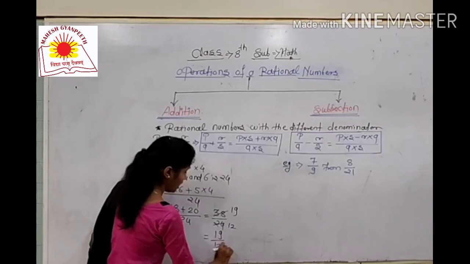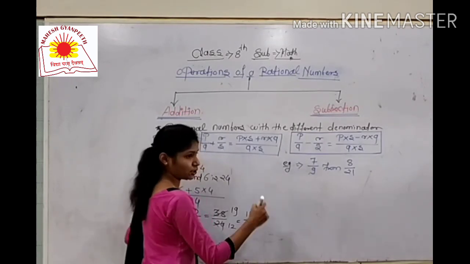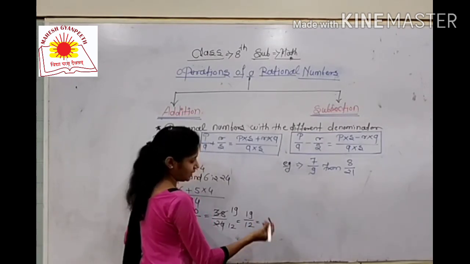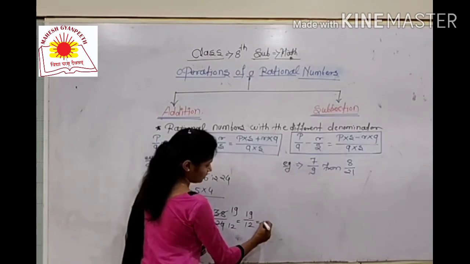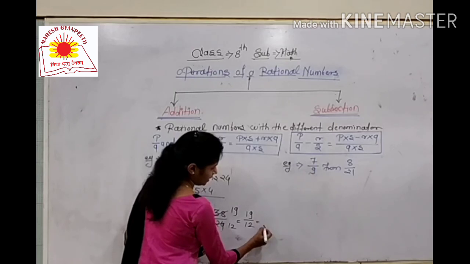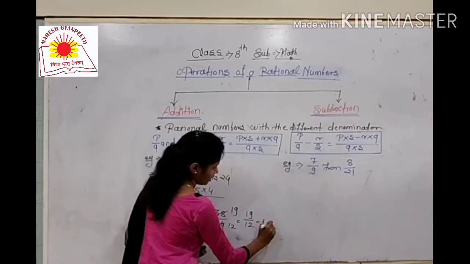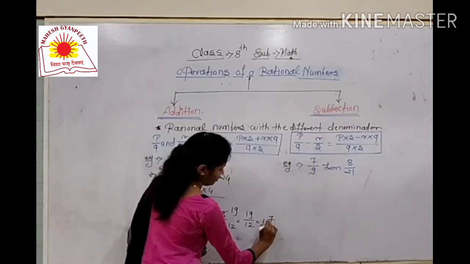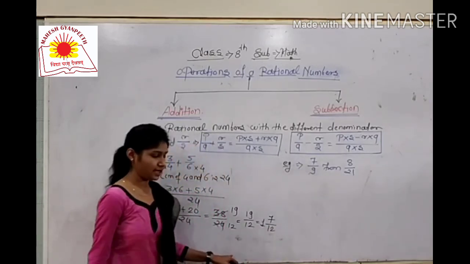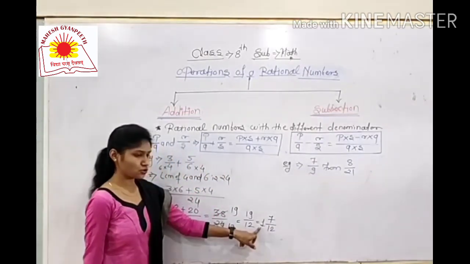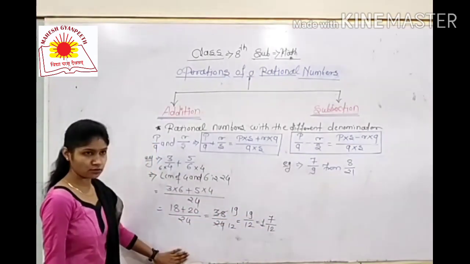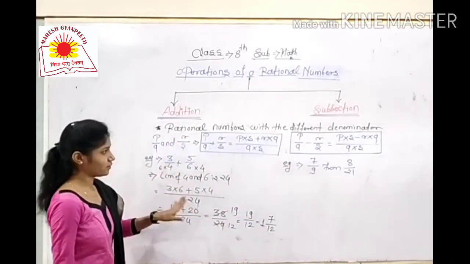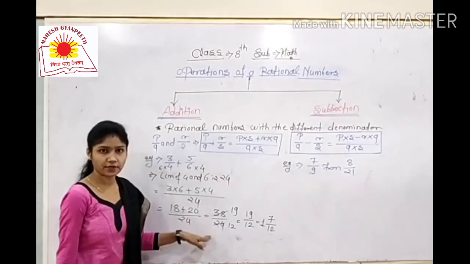We can also convert 19 upon 12 into a mixed fraction. 19 divided by 12 gives 1 whole and 7 upon 12. Check: 12 times 1 is 12, plus 7 is 19 upon 12. This is how we solve addition of rational numbers with different denominators.